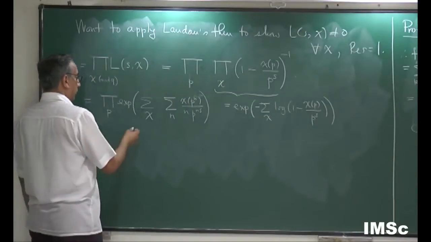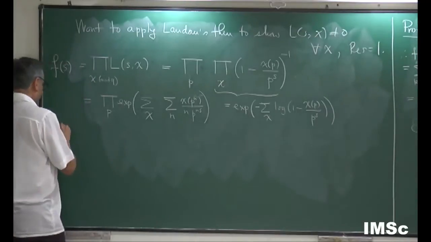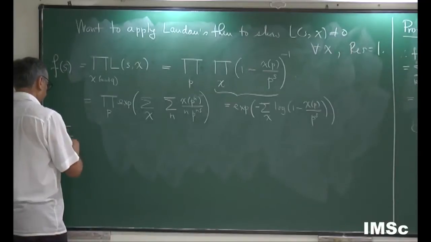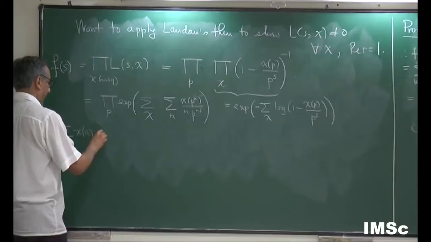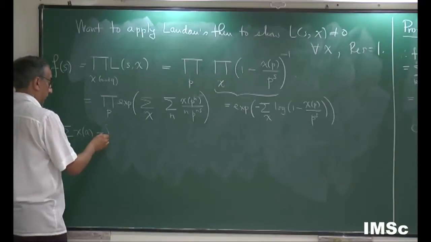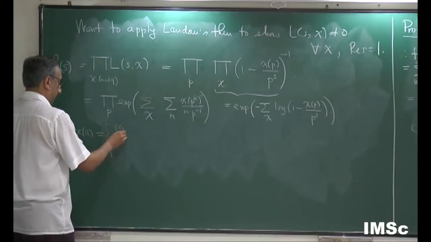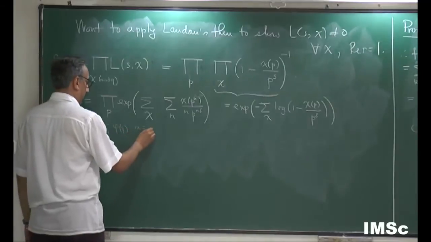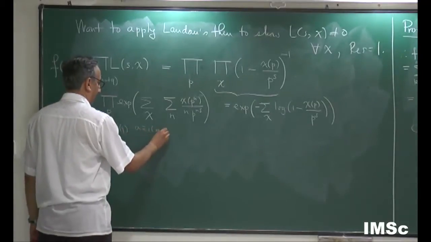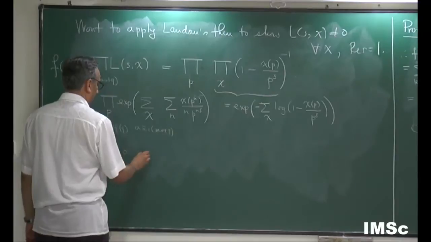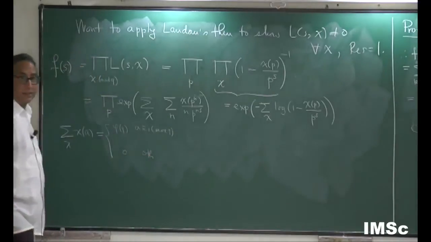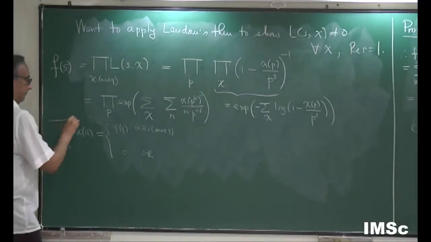Okay, now remember the orthogonality relation, summation of chi of A is equal to phi of q if A is congruent to 1 mod q and 0 otherwise, right? Got this orthogonality relation.